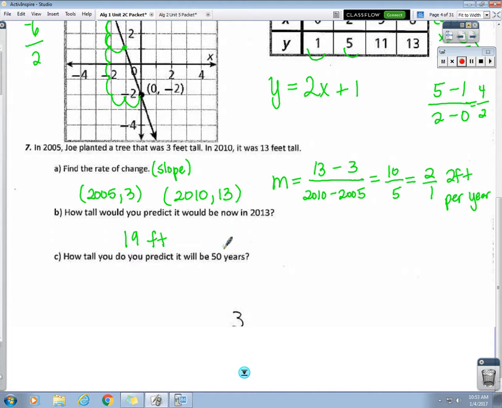Like, how tall will it be when it's 50 years old? 103 feet tall. Right. When it was planted, it was already 3 feet tall. But then in 50 years' time, it'll grow 2 feet per year, which is 100 more feet. So that makes it a total of 103 feet tall when it's 50 years old, right?